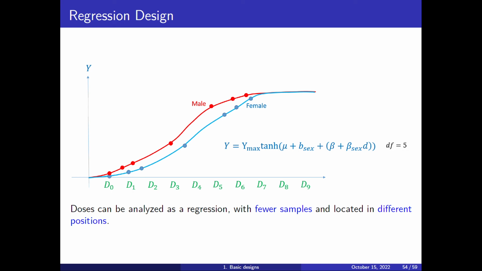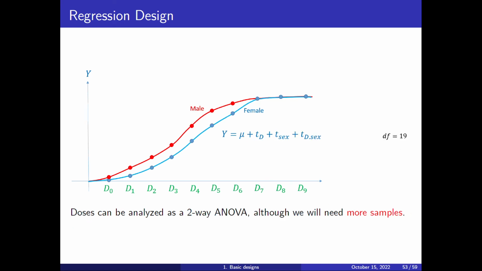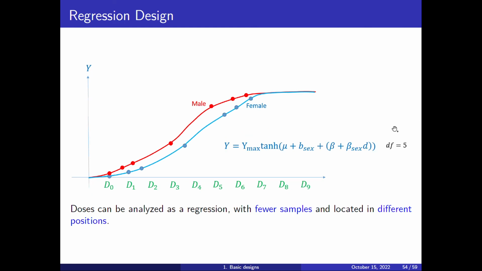But the important thing here is that I need many fewer animals, because here I have to estimate 19 parameters, here I have to estimate only 5. And there is another important effect, that is the best sampling times for the doses do not necessarily need to be equally spaced.